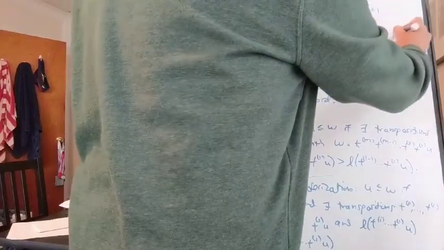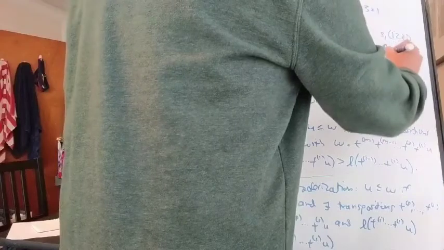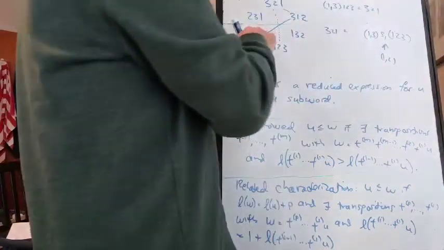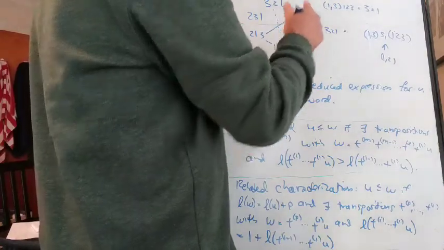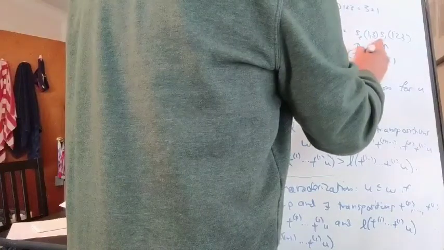We could say that 3, 2, 1 equals, starting from 1, 2, 3, we apply S1, which is a transposition (1 2). And then from here to there, we apply (1 3) to switch the letters in positions 1 and 3. And then from here to there, we apply S2, which is the transposition (2 3).